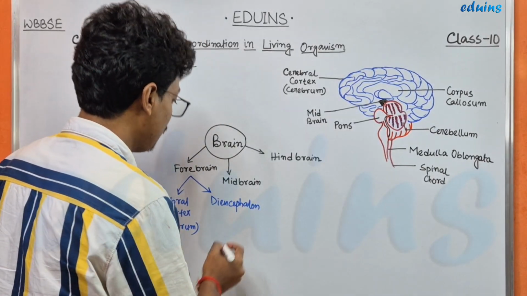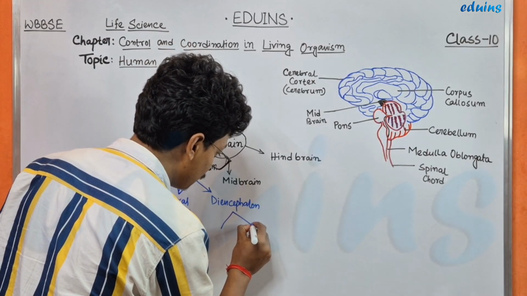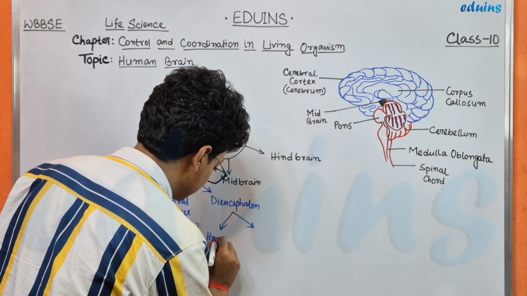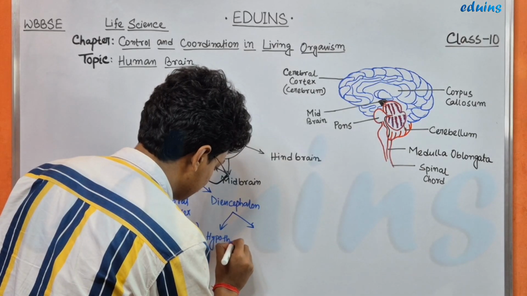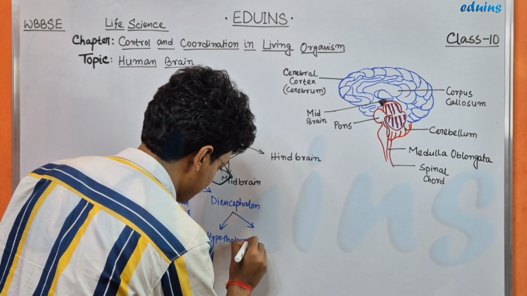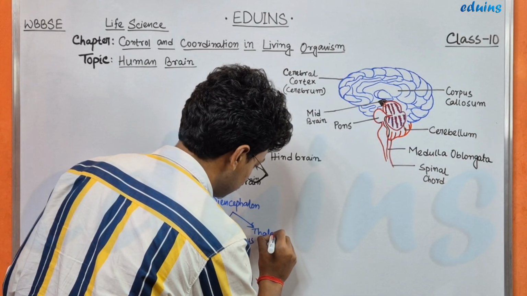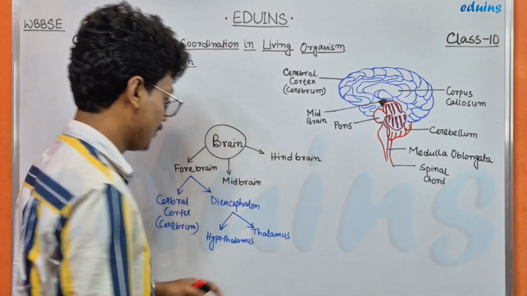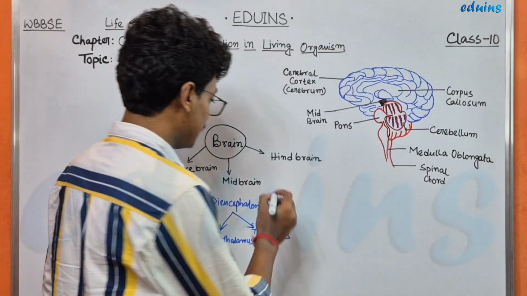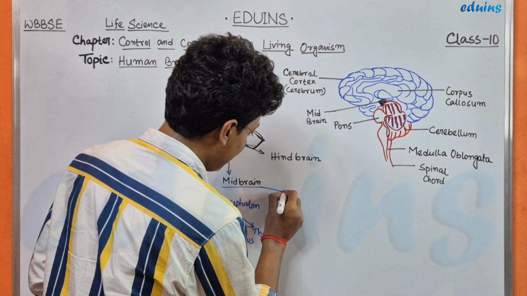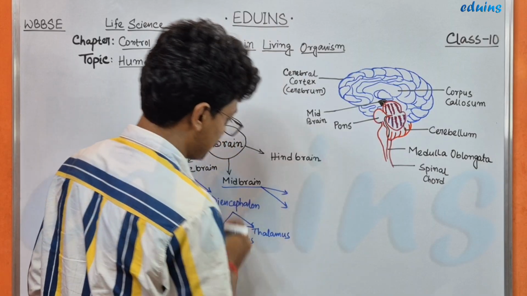This diencephalon is further made up of two parts. Number one is hypothalamus and number two is the thalamus. Next one is the midbrain. This midbrain has two parts.